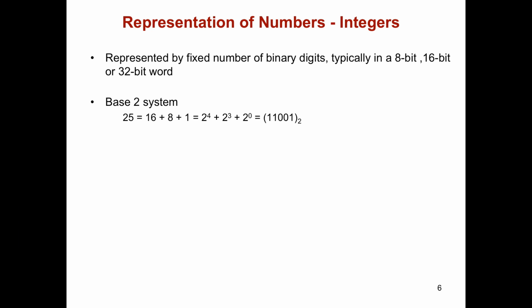A quick digression: when you have 1 plus x plus x squared all the way to x to the n, the formula is x to the n plus 1, minus 1, divided by x minus 1. So if I have 1 plus 2 plus all the way to 2 to the 7, that's 2 to the 8 minus 1 divided by 2 minus 1, and that's 255.